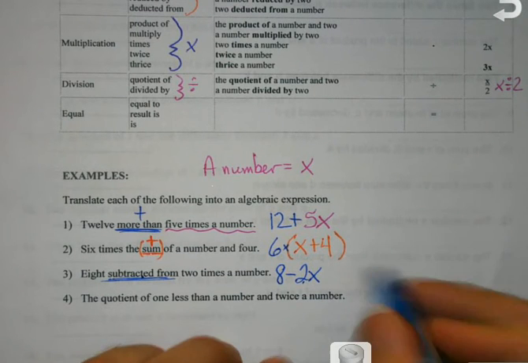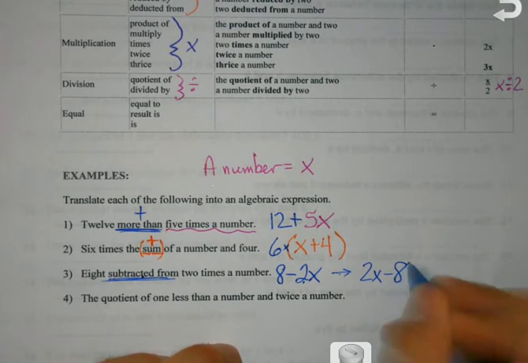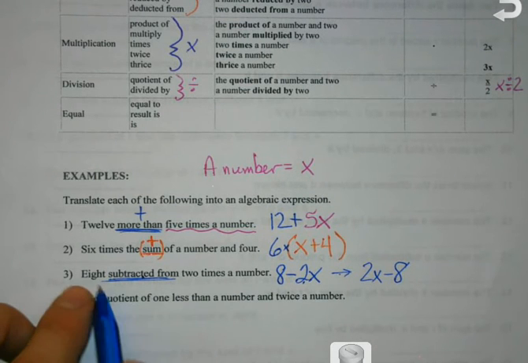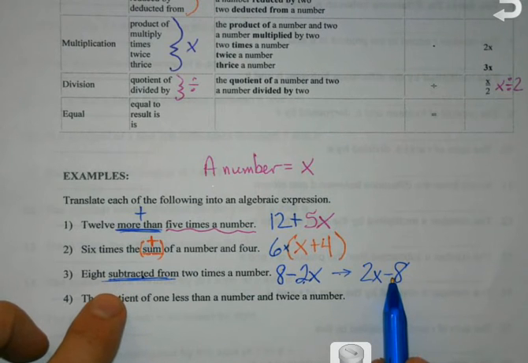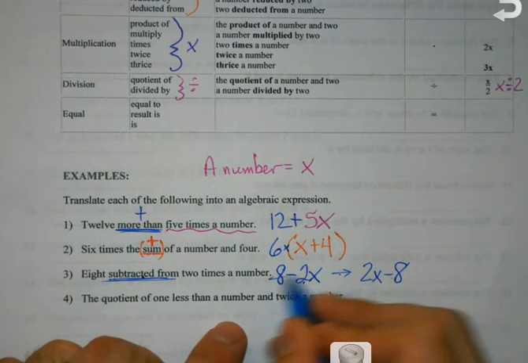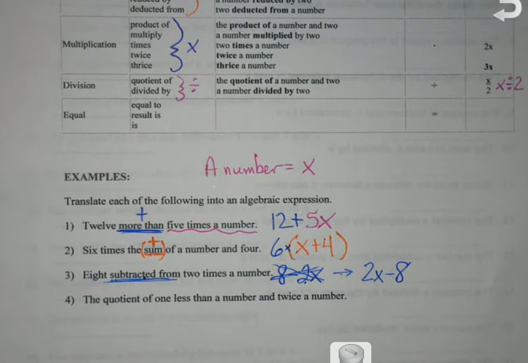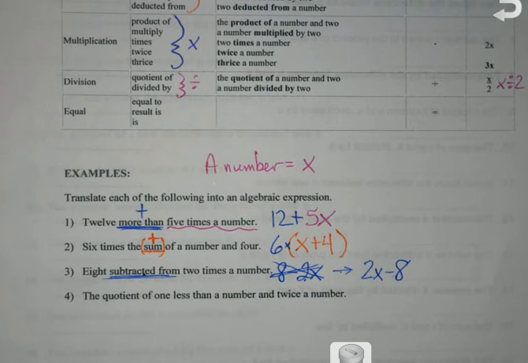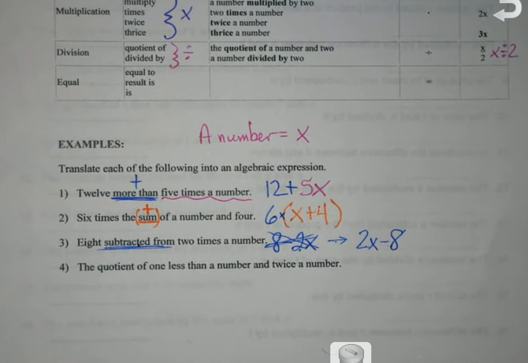If we switch them, you're like, again, now why do I got to switch them? 8 subtracted from, take the 8 away from 2x. So we're gonna lose this one and go here, but it was just a tiny little thing. The fact that we got the minus and the multiplying in there is good. And again, that's something over time that you just kind of get to look at. You're like, okay, I see where that would come from. I just got to read it and kind of tweak it a little.